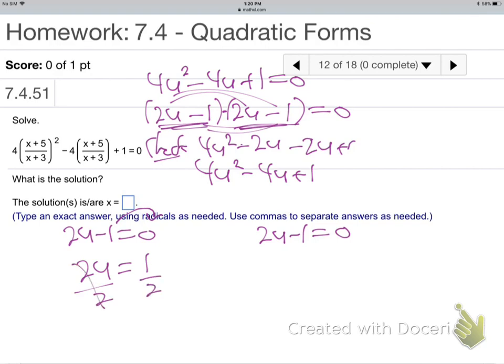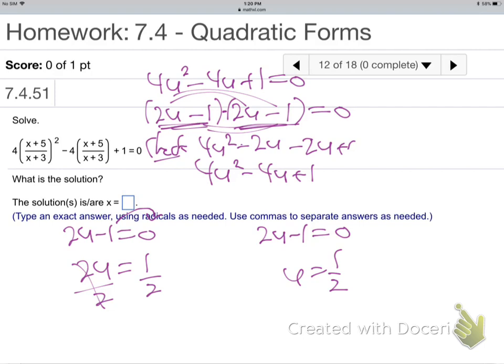Divide by 2. U is a half. A half is the u answer, but now we still have to go back. That's just the actor, right? We're going to go back to the original. You get the same answer by the quadratic formula as well.